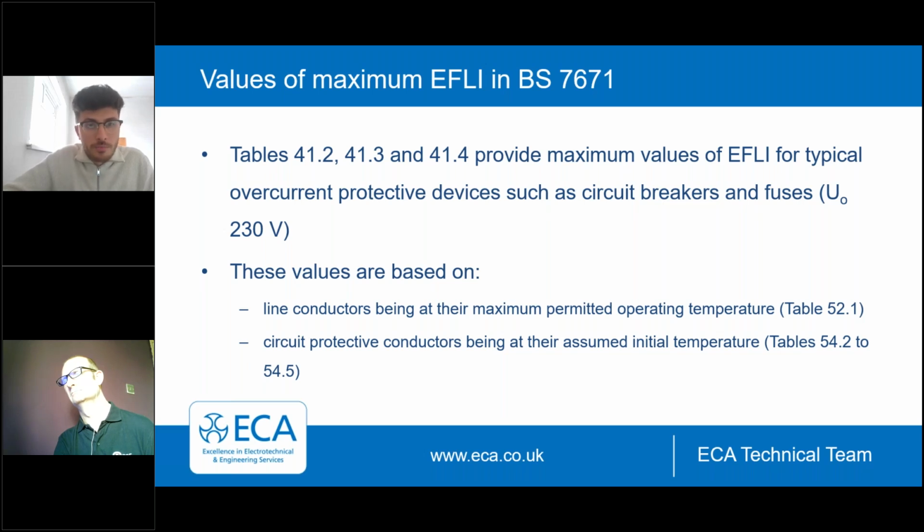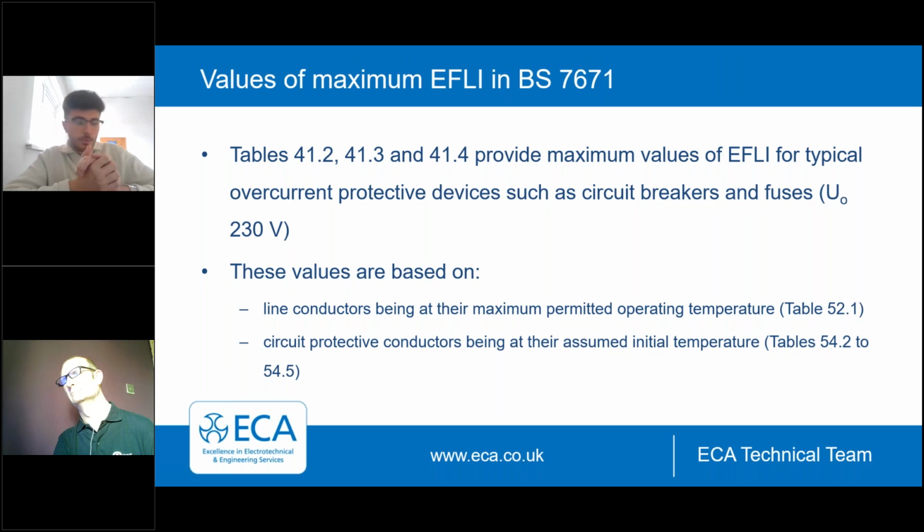And then the circuit protective conductors being at their assumed initial temperature, again within the relevant tables in chapter 54. So if we take a typical example, we're going to say we've got a PVC thermoplastic cable, so typically has a maximum operating temperature of 70 degrees.